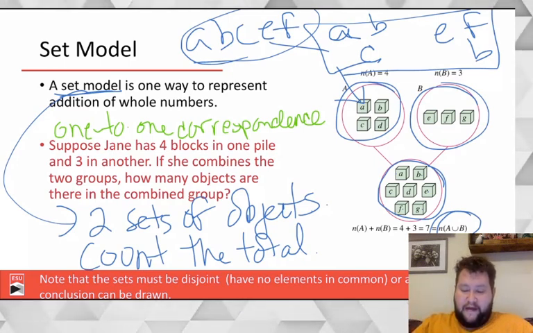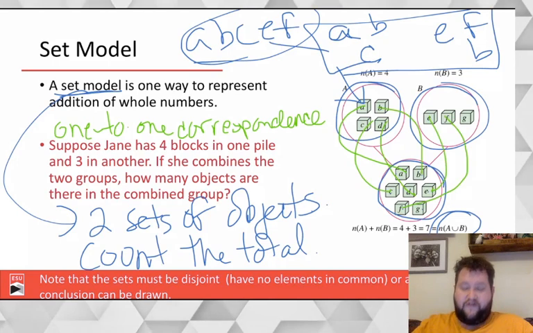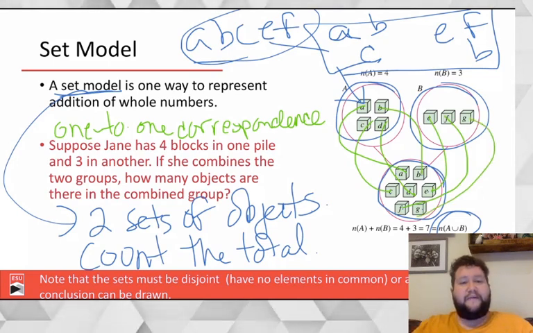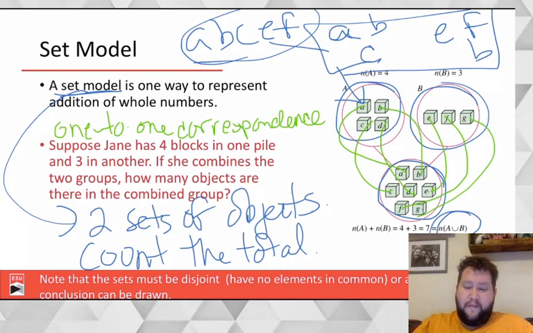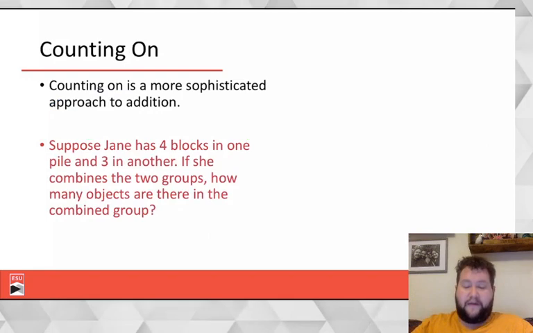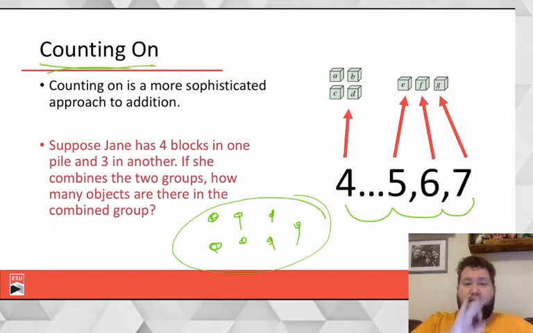So this A is that one, B, C, D, E, F, and G. And at this point, the slide's barely readable. But here we have to count the total quantity, whereas with counting on, we start at a number and continue.